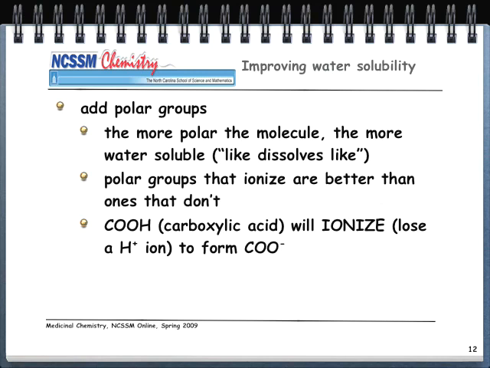So this shows the carboxylic acid ionizing to form COO minus and a hydrogen ion. Polar groups that do that, like carboxylic acid, are much better for making the substance water soluble than those polar groups that don't ionize quite as well. And we'll talk more about that a little bit next week.